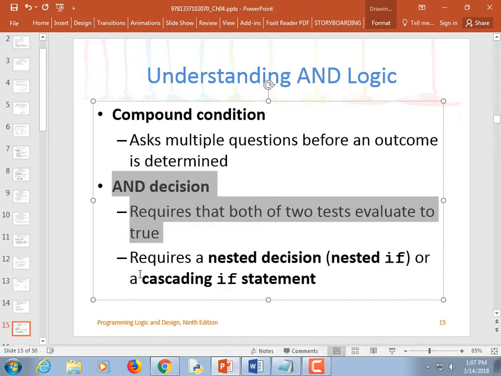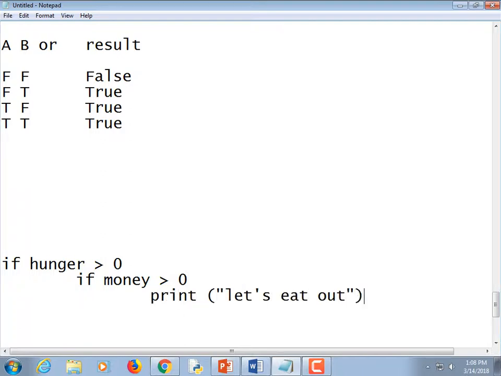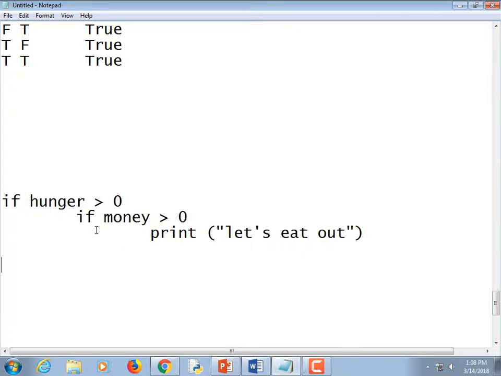Okay, so if you have an and decision, it is a shortcut to writing something like this. If hunger greater than 0, and then if that's true, if money greater than 0, print, let's eat out. Right? This is known as a nested if.